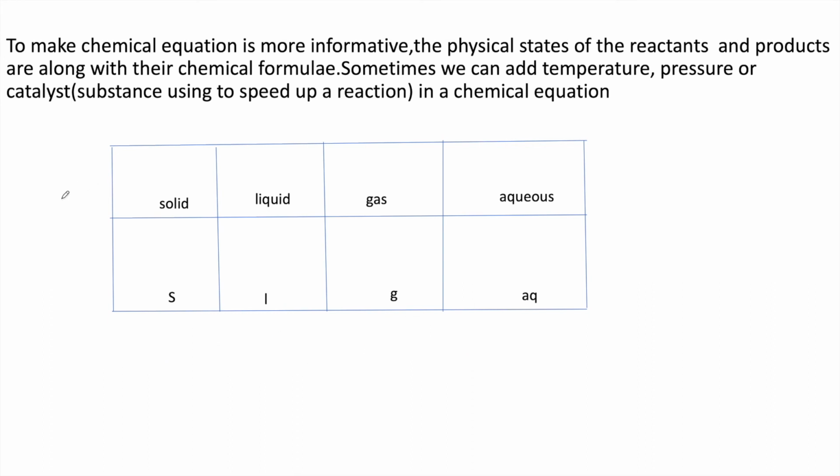And the other example, 6CO2 plus 6H2O. This is the equation for photosynthesis. Okay, so I can represent photosynthesis. It takes place under sunlight and chlorophyll. Okay, so I can represent this also here.